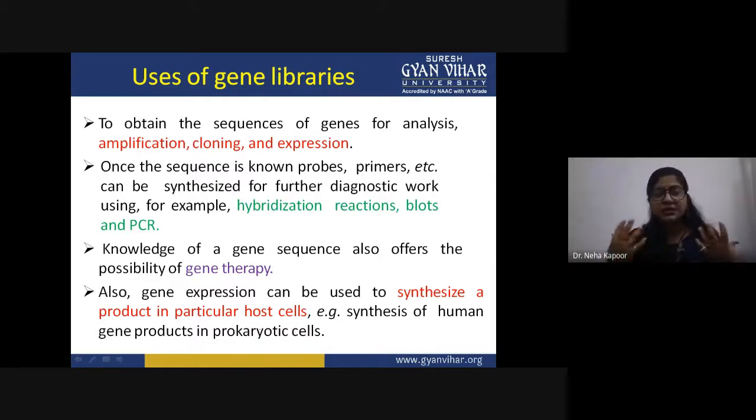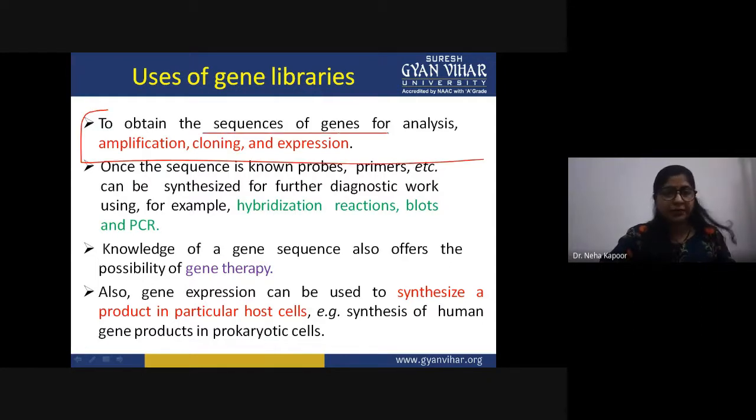Once we have established the sequence, that means this first part is complete, the sequence of the gene is obtained. Once the sequence is known, we can design complementary probes and primers, so that we can use the sequence of that very DNA for many diagnostic works.